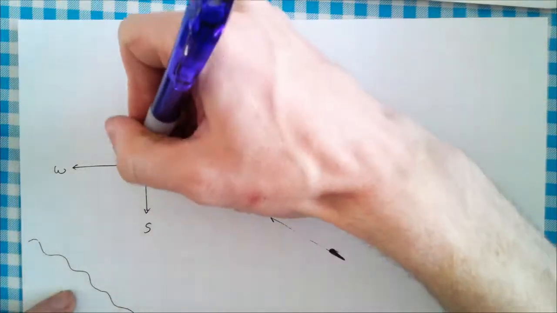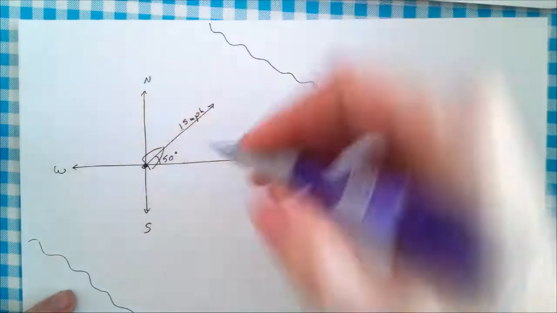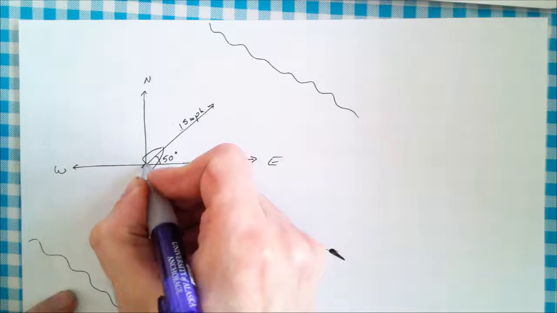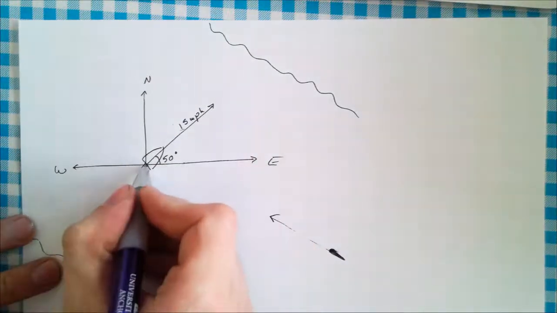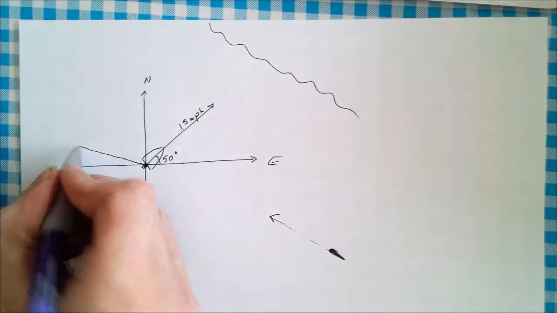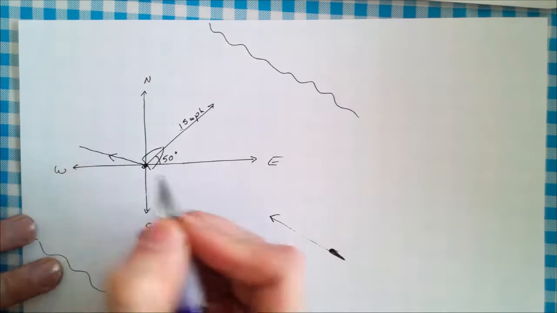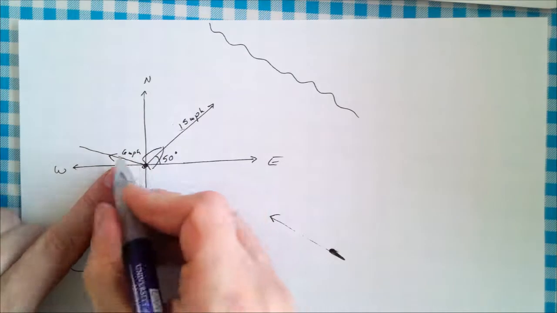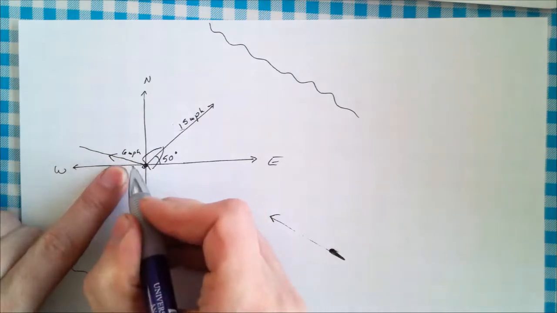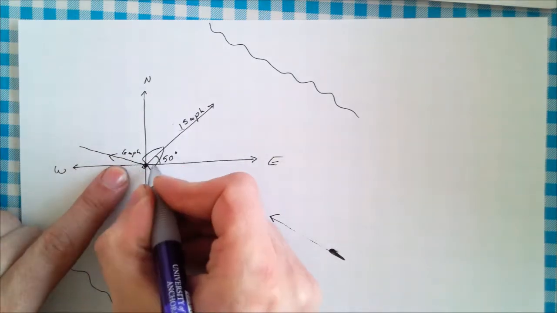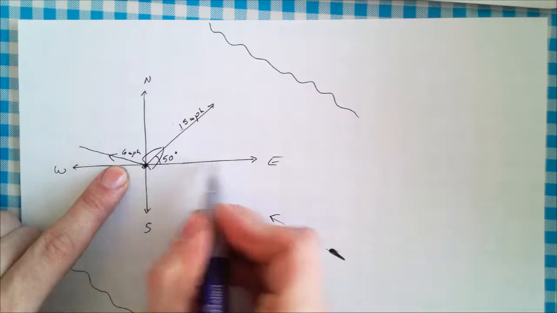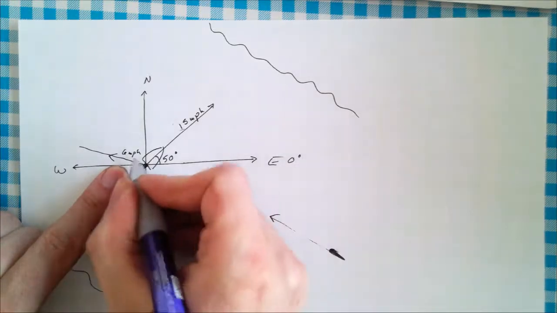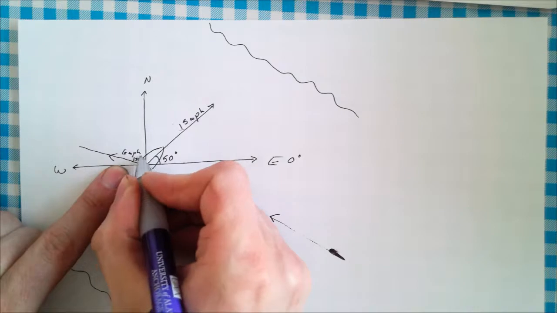I'm going to represent the current with a vector over here. That vector is still going to be from the origin, but we don't need it to be that long, maybe that long. Maybe this current is moving 6 miles an hour, and it's moving in the direction, what angle does that look like? Maybe 170 degrees from our 0 over here. East is 0 degrees, so maybe that's 170 degrees there.